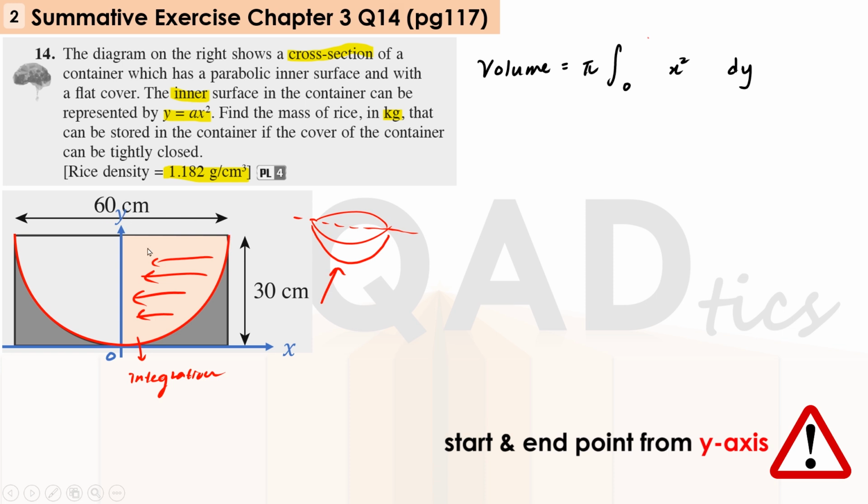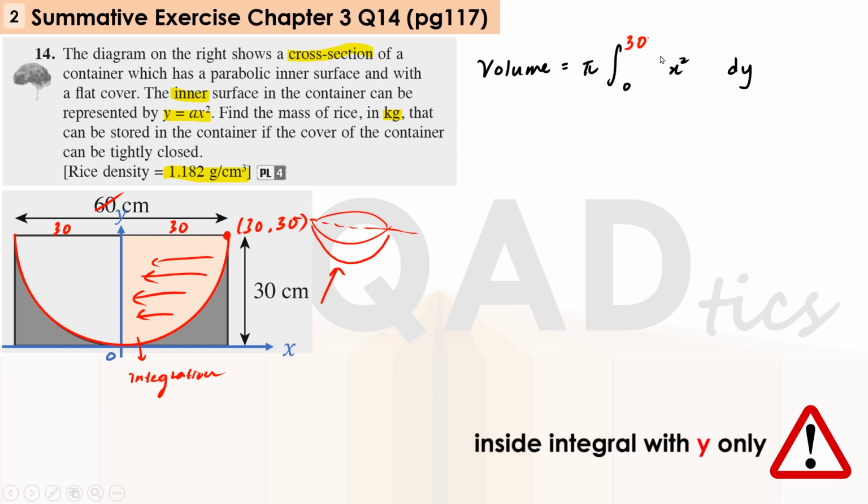Since we are putting the y-axis in the middle, this 60 can be split into 30, 30. So the x coordinate should be 30, and the y coordinate should be 30 as well, because this is the height. So this is our point. So here the maximum value of y should be 30.